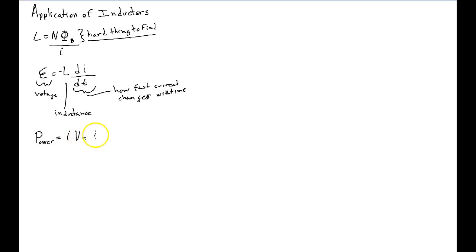So the power dissipated by a changing current passing through an inductor is equal to the magnitude of L I dI/dt.